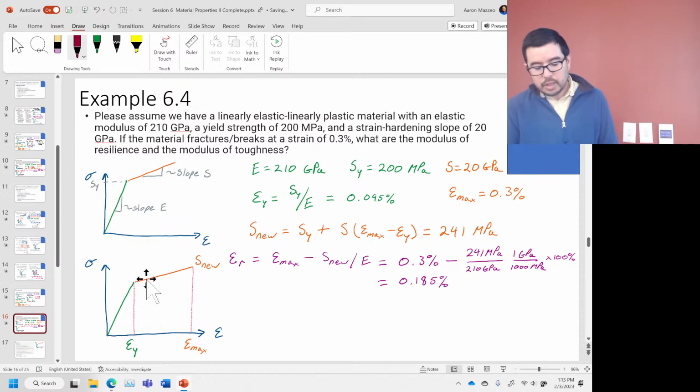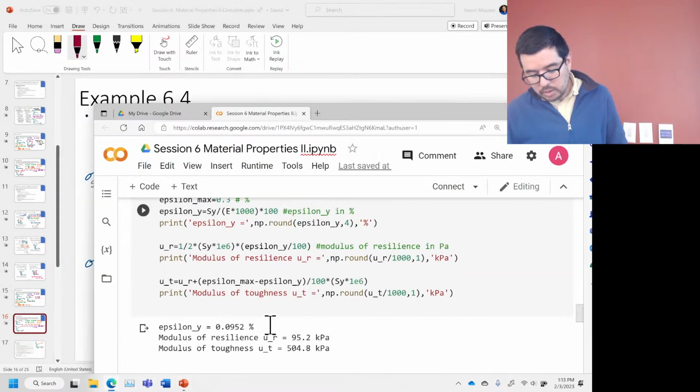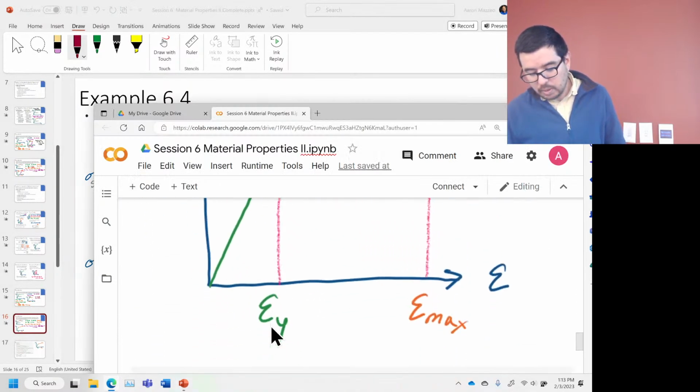But what is different is that this region over here is a trapezoid. It's not a rectangle. So how do you figure out the trapezoid? Well, you know the height, and then you take the average of the top and the bottom. If you look in the code, that's what I did.